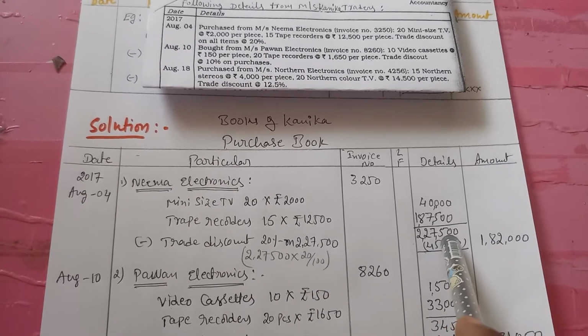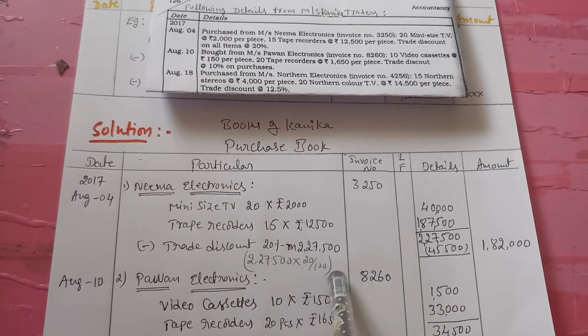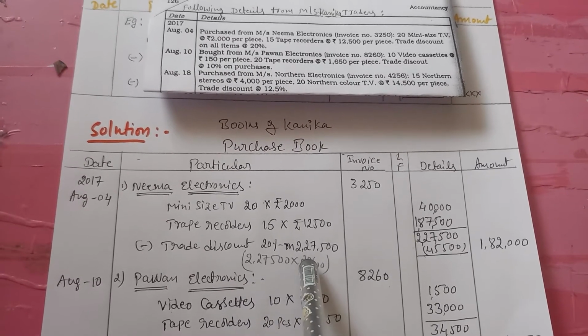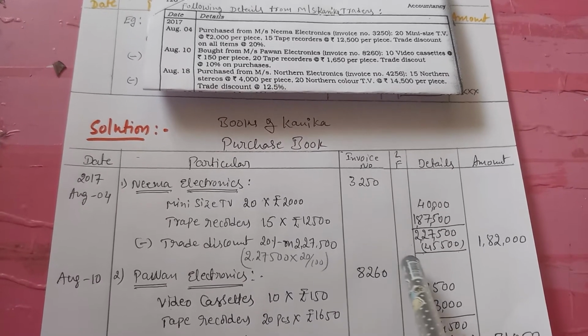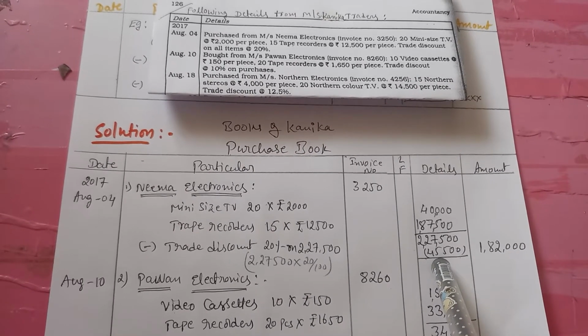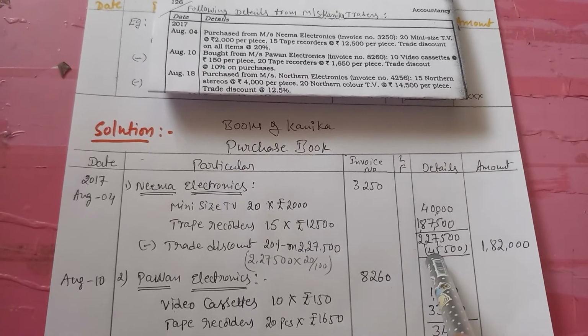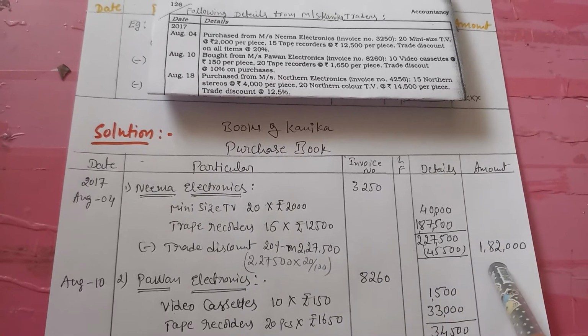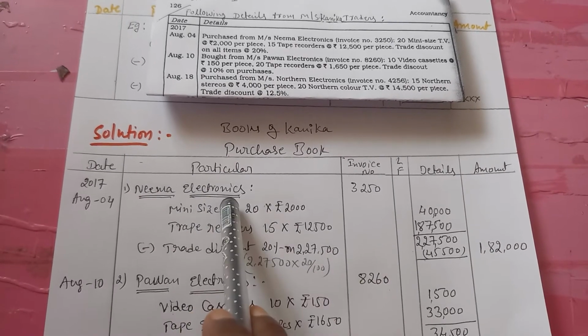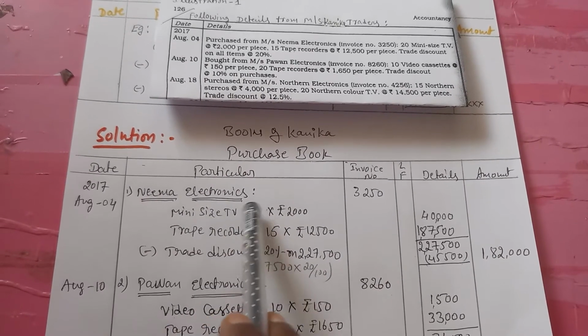How to calculate: 2,27,500 into 20 divided by 100, you will get 45,500 rupees. Now 2,27,500 minus 45,500, you will get 1,82,000. This is Nima Electronics.